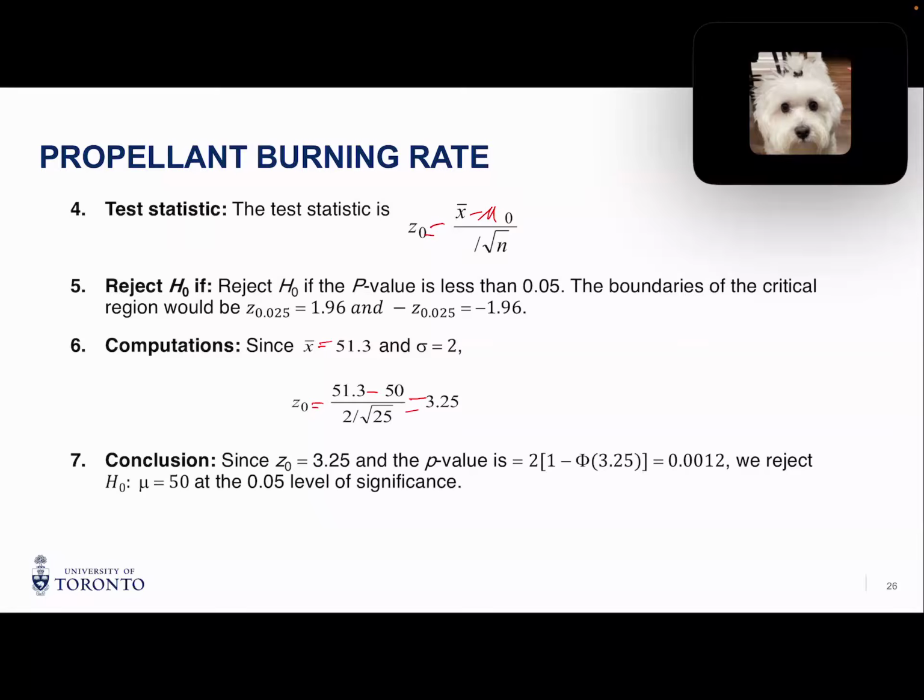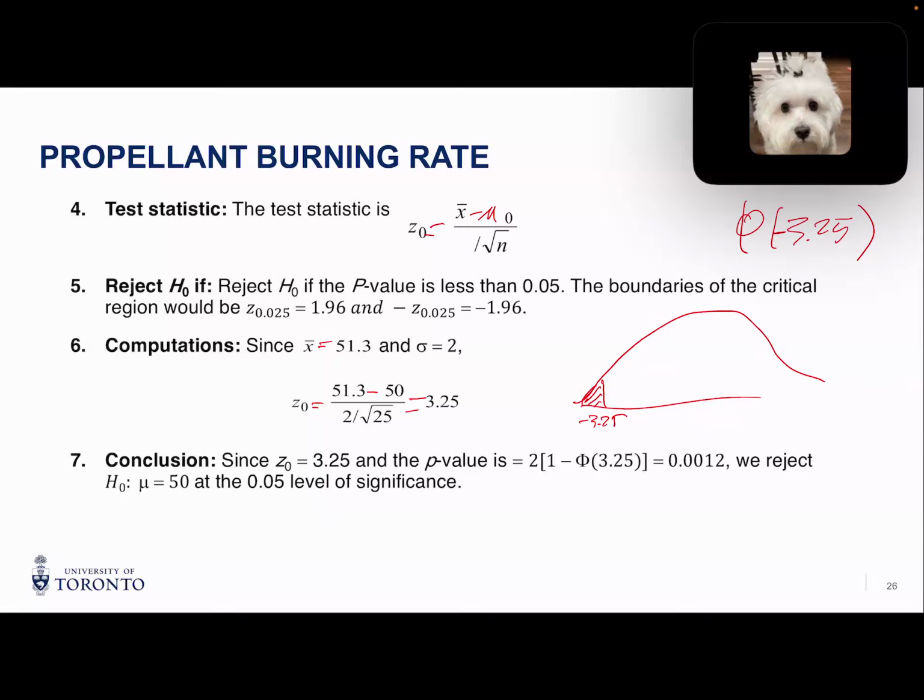Omar, what's up, bro? Why did you multiply by 2 for the p-value? Ah, good question. It's a distribution thing. So strictly speaking, when I write phi of 3.25, underneath the hood, I'm actually meaning phi of minus 3.25. Oh, okay, I see.